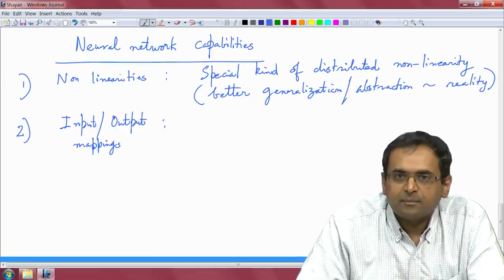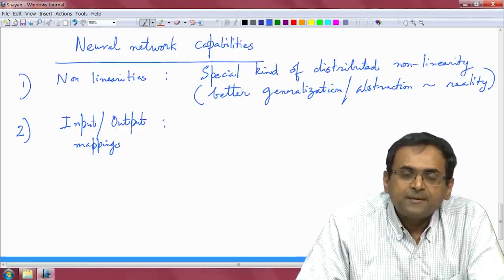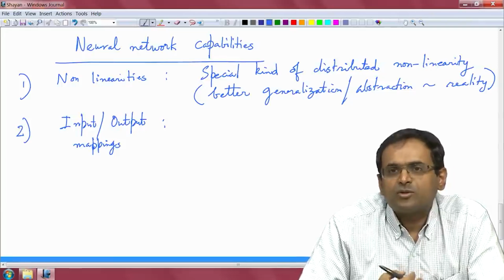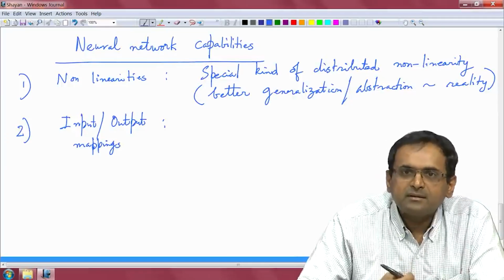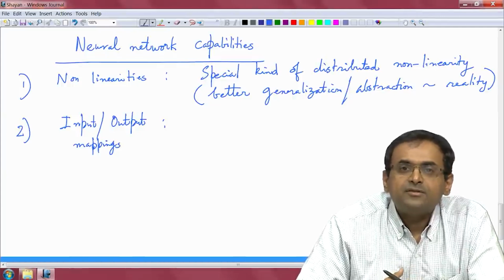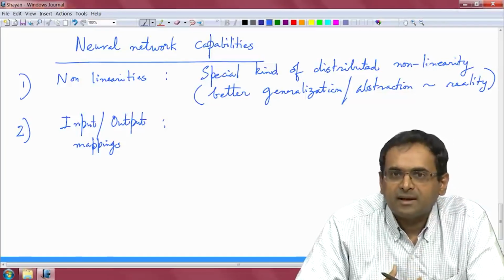of parametric forms. But in neural nets, the biggest advantage that you have in your hand is it is non-parametric. It learns the input points the way they are, but of course you have parameters embodied within the neural network model and the architecture, but you do not assume any parametric form of the underlying distribution.